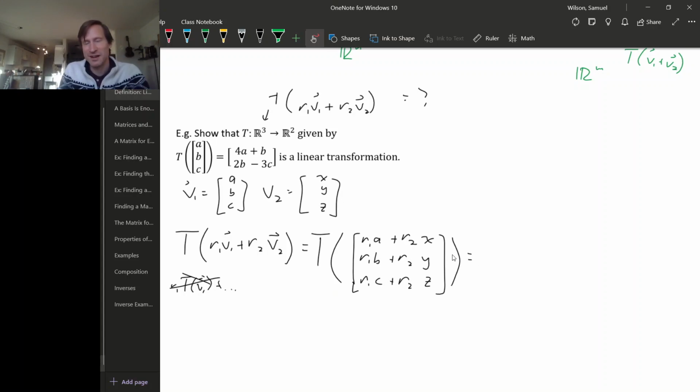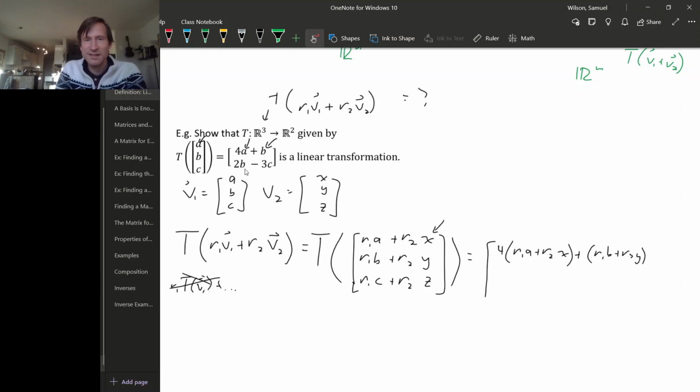Now we can compute the result of the transformation T. The result is in R2. So the first entry is 4 times the first entry, R1A plus R2X, plus the second entry in our input vector, R1B plus R2Y.